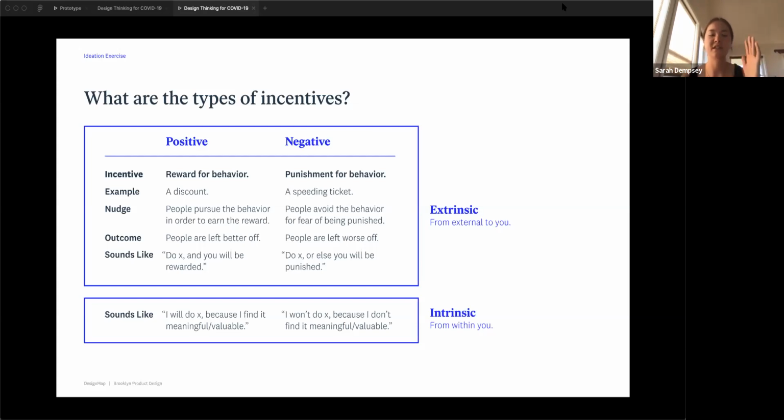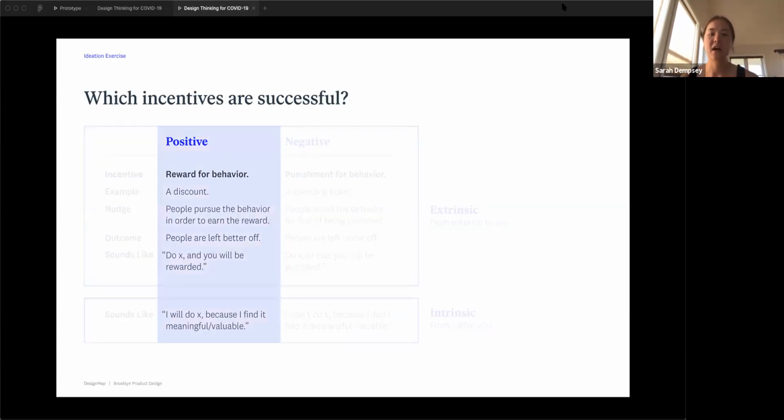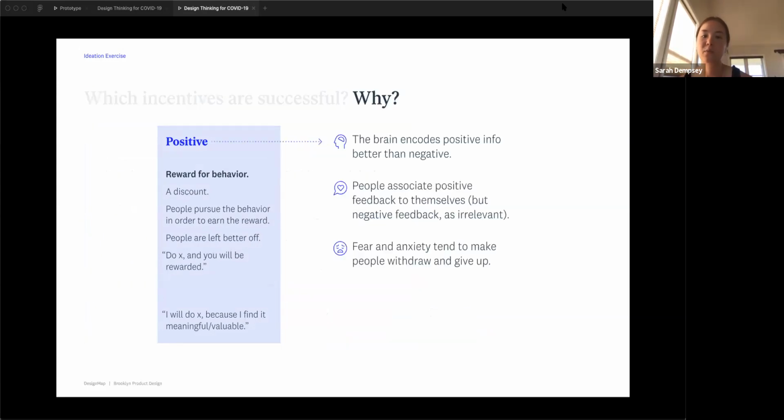So there were just a lot of ways to slice and dice this, but we learned that positive incentives tend to be more successful, and this sent us down a line of psychology research actually, and we learned that positive incentives are more effective because the human brain is just more receptive to positive feedback, and oppositely, fear and anxiety and those emotions tend to actually make people withdraw, which is the opposite of what we wanted to achieve.